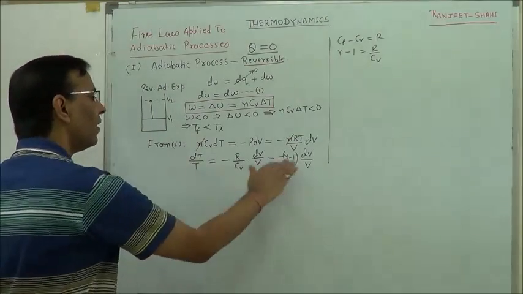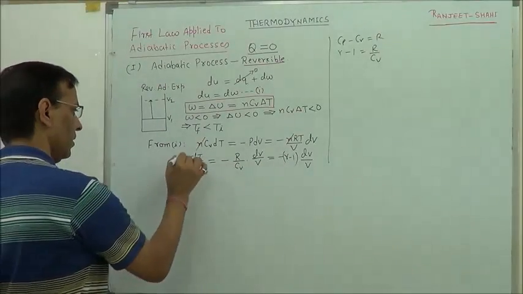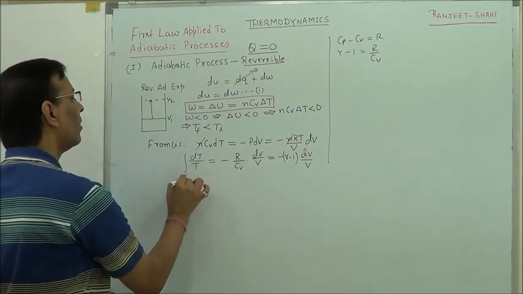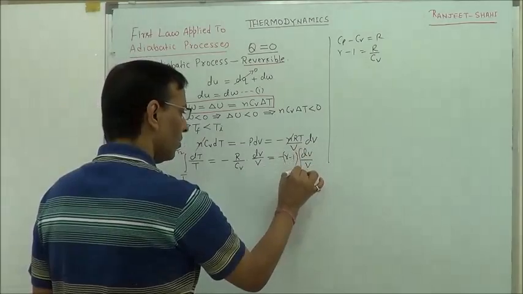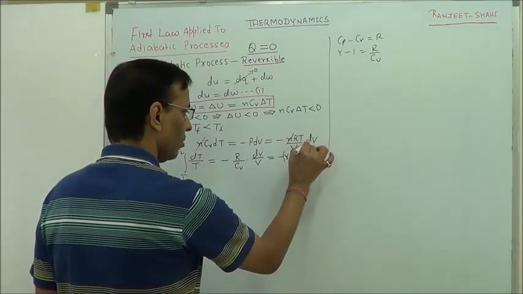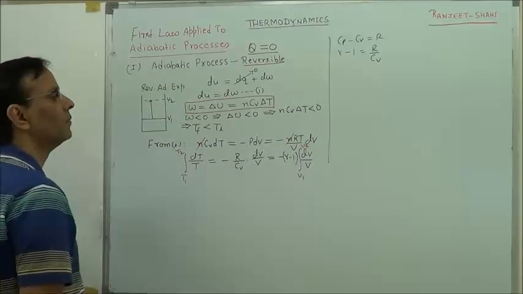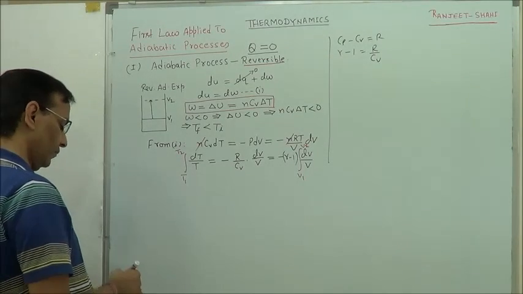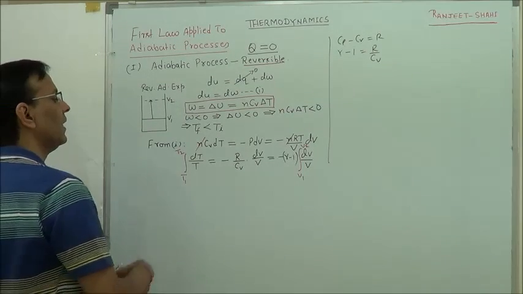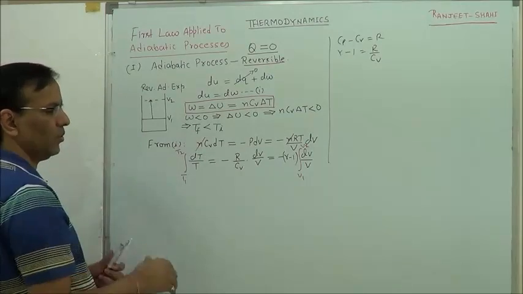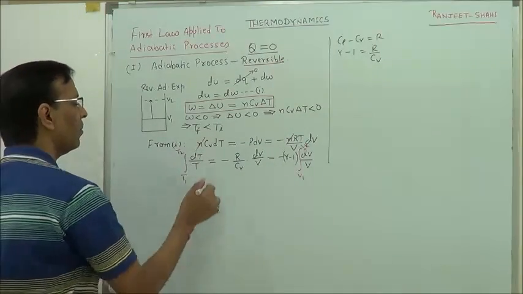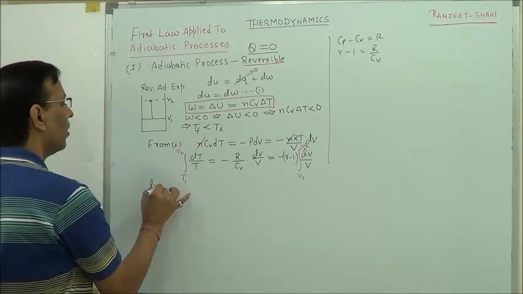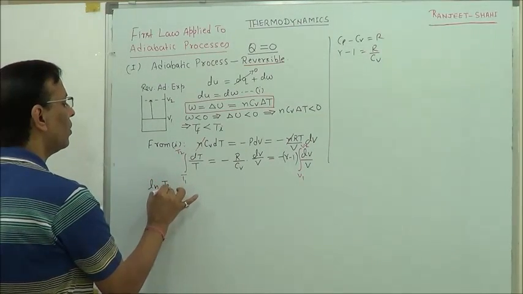Now if we integrate the two sides by applying limit T1 to T2 for temperature and V1 to V2 for the volume, what we find on left side is dx upon x form, so it will be log natural x. Applying limit, left side will become ln of T2 upon T1.